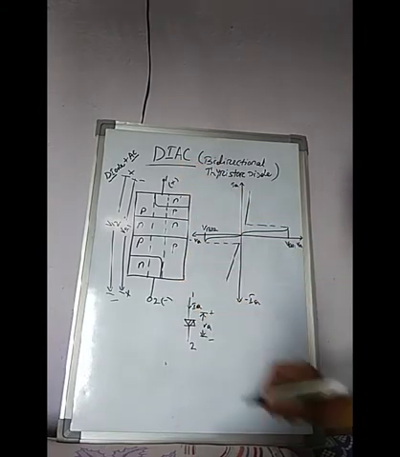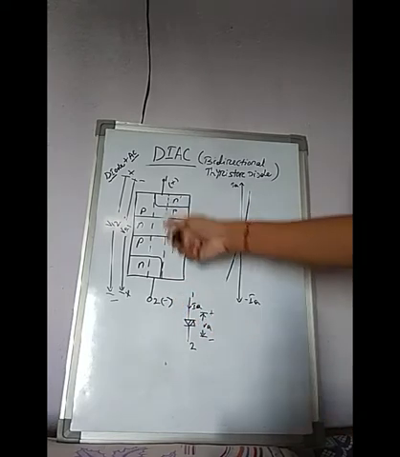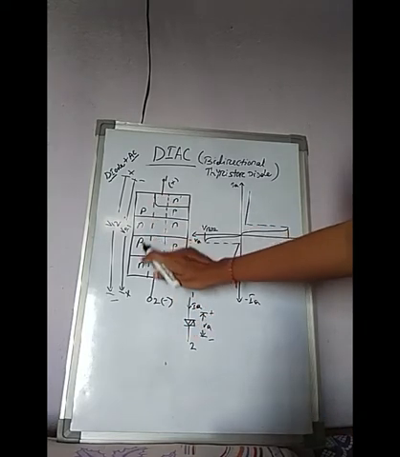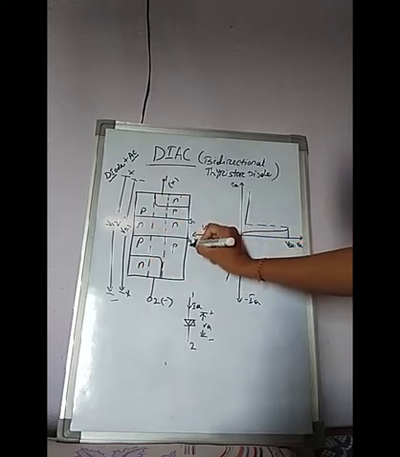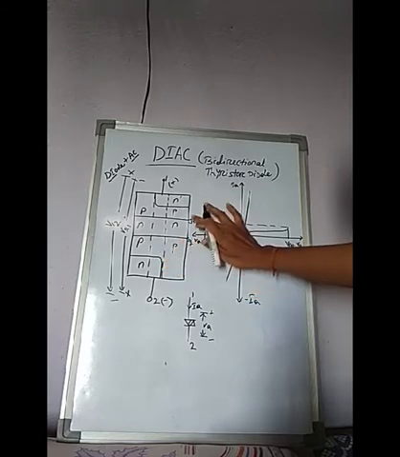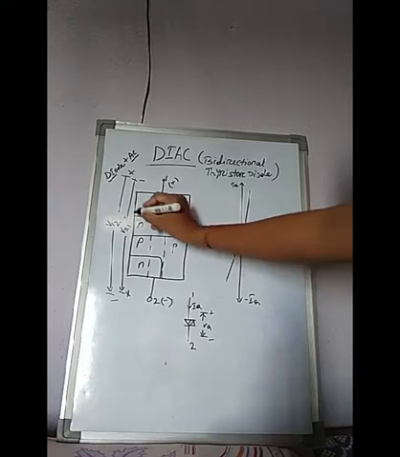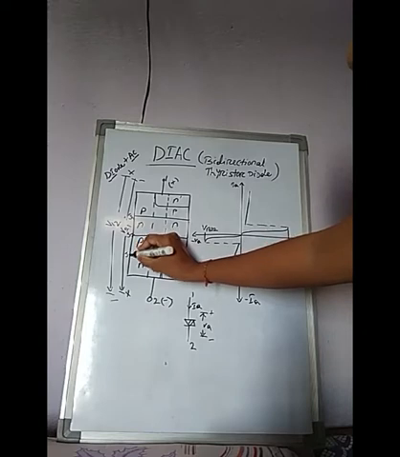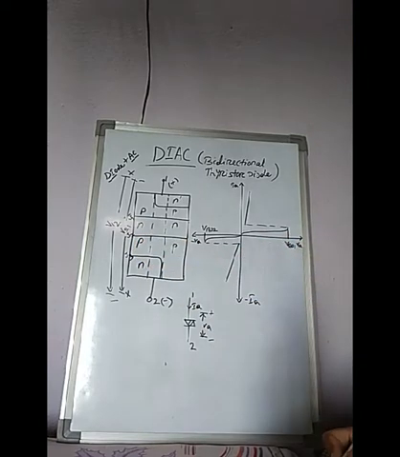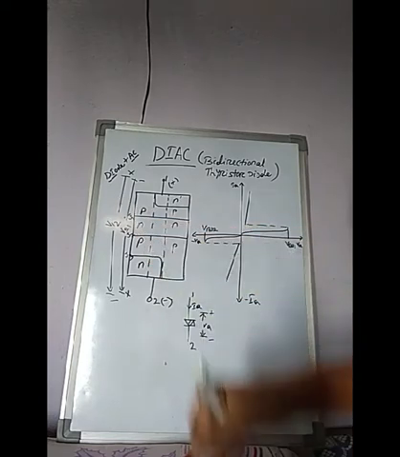When this is positive and this is negative, then we have junctions J1, J2, J3. Okay, so from these 3 junctions, J1 and J3 are already in forward bias and J2 is in reverse bias.